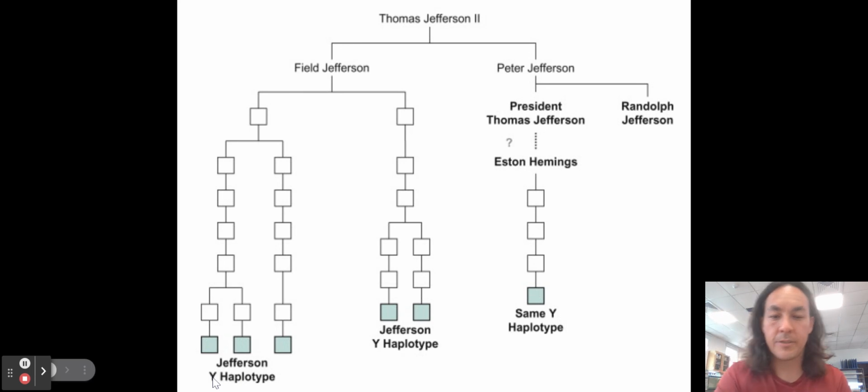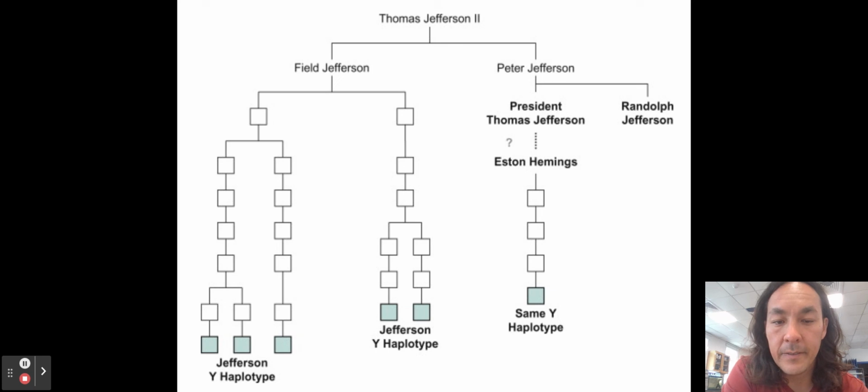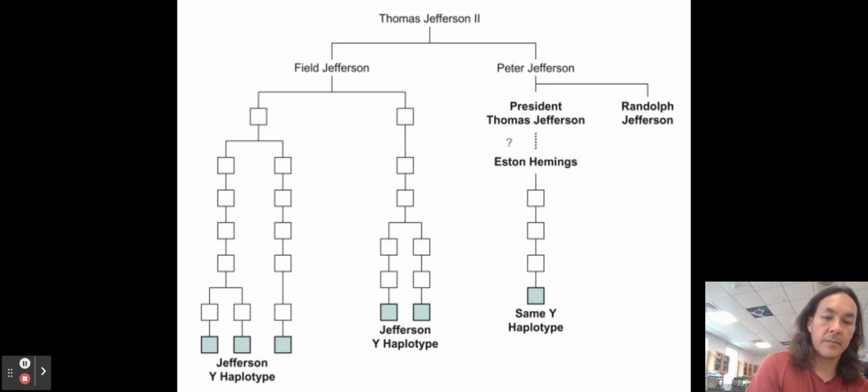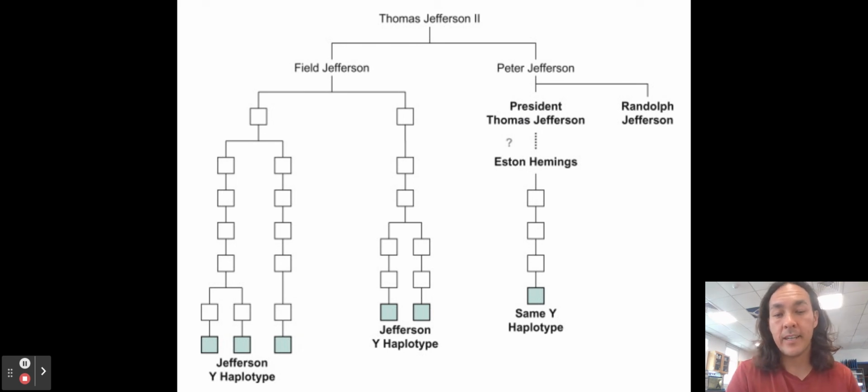Okay, here it is with Thomas Jefferson and his sexual assault on Sally Hemings, his slave. And then you can see that Sally's children, Eston, he had children, they had children. And so eventually we're able to get Eston Hemings' descendants and look at their Y chromosome. And we could look at Thomas Jefferson's descendants' Y chromosomes. But Thomas Jefferson didn't have any male children that survived to have their own kids.